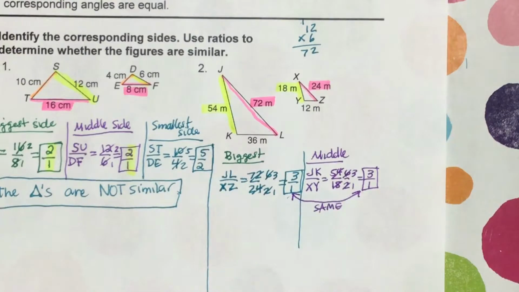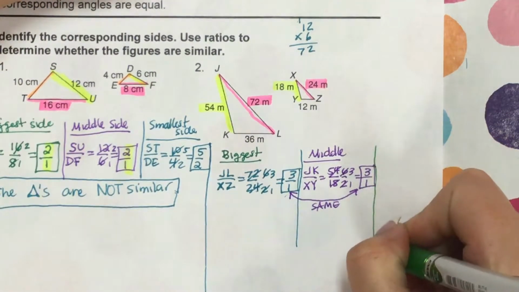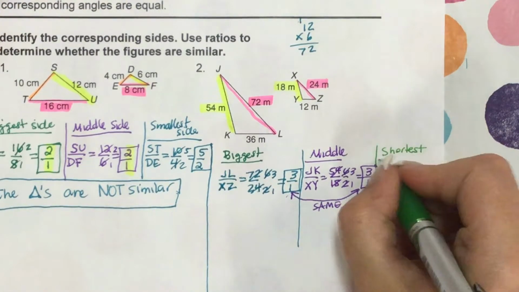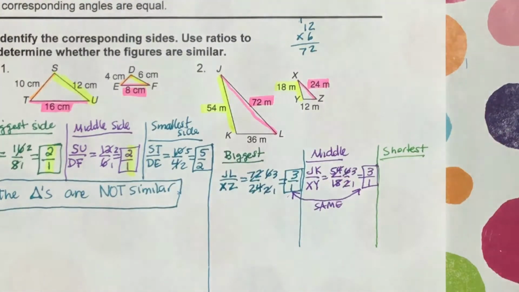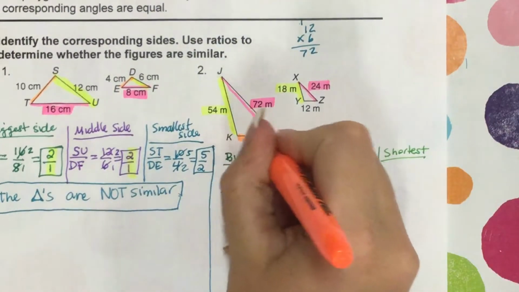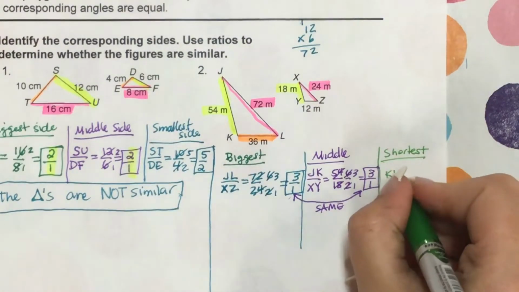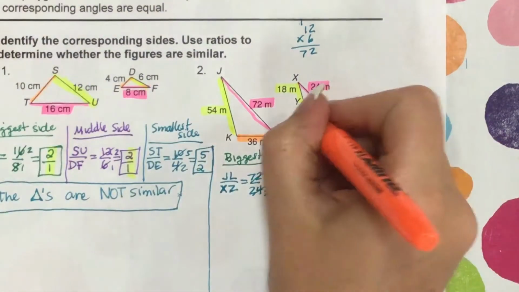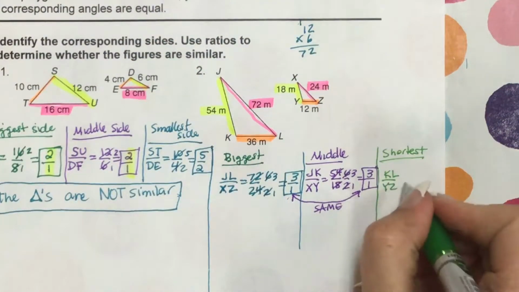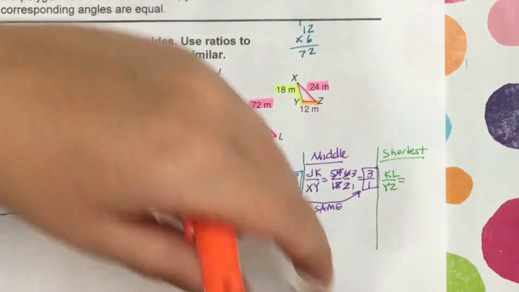So now we just have to try one more. We have to try the smallest side, or the shortest side. I'll call it the shortest. Okay, so the shortest side on the big triangle, we're keeping the big triangle on top, would be right here, KL. So it's KL over the shortest side here, which is YZ. And then we just fill in the numbers. So the side for KL is 36.